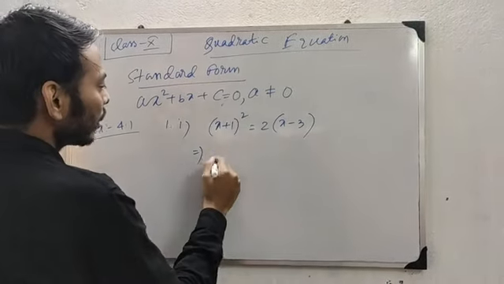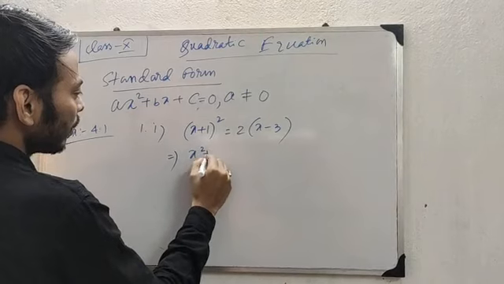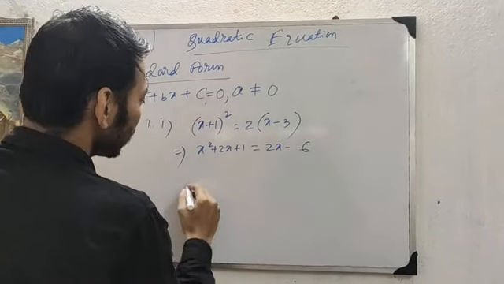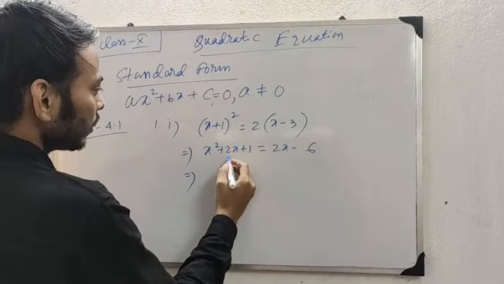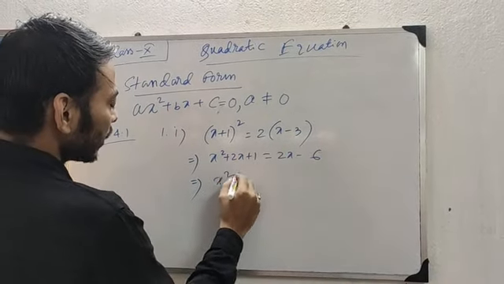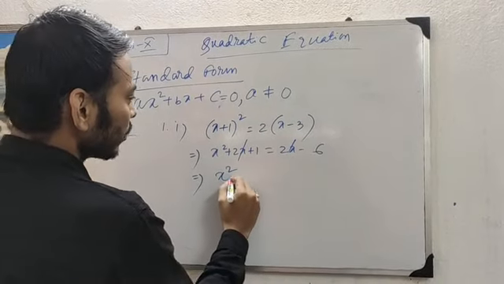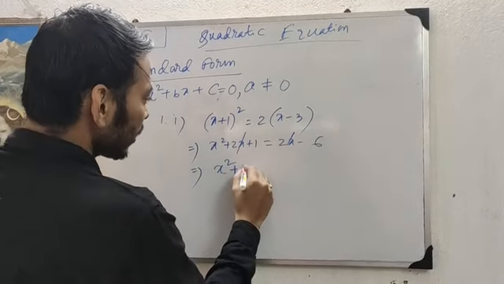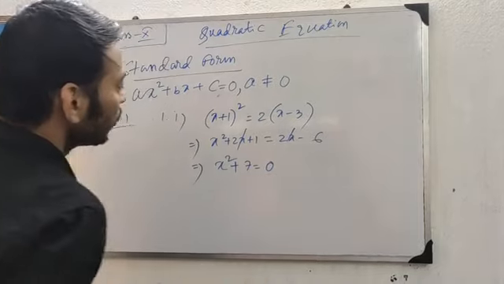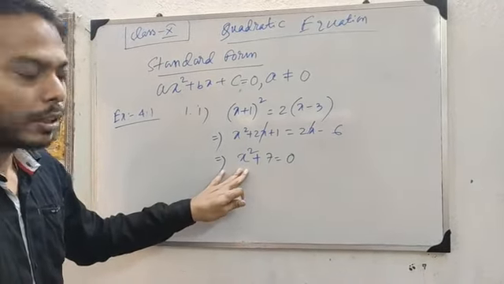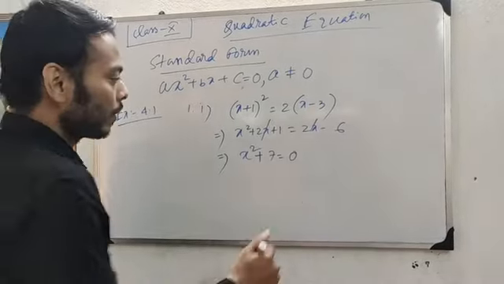Now taking the square, we get x² + 2x + 1 = 2x − 6, implies x² + 7 = 0, since 2x cancels out from both sides. So you can see that the x² term is present in the equation.